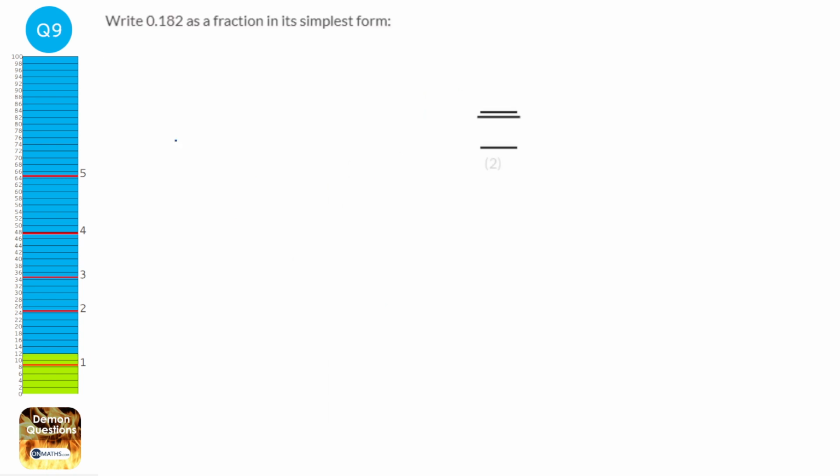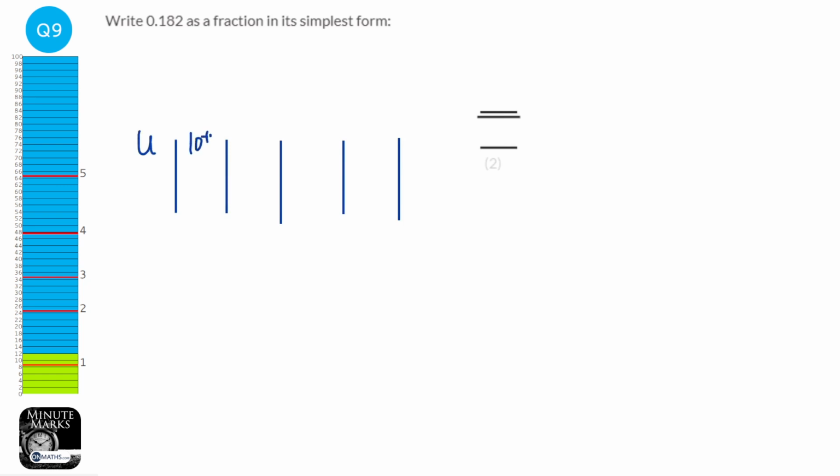If we were to write this decimal in the columns, and some of you might not have used these columns in a while, but we have units here, we have tenths, hundredths, thousandths, that's all we need. So it's going to be 0.182.